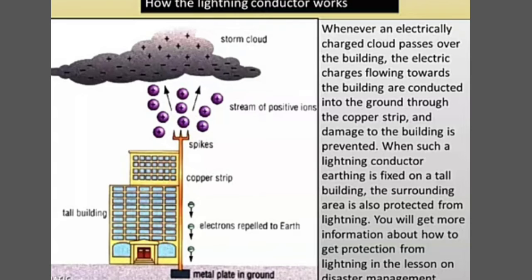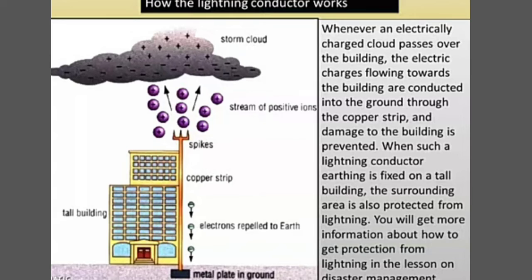So see why water is poured. This helps to spread the lightning charge quickly in the ground and prevent the damage. Whenever an electrically charged cloud passes over the building, the electric charge flowing towards the building is conducted into the ground through the copper strip, and damage to the building is prevented.